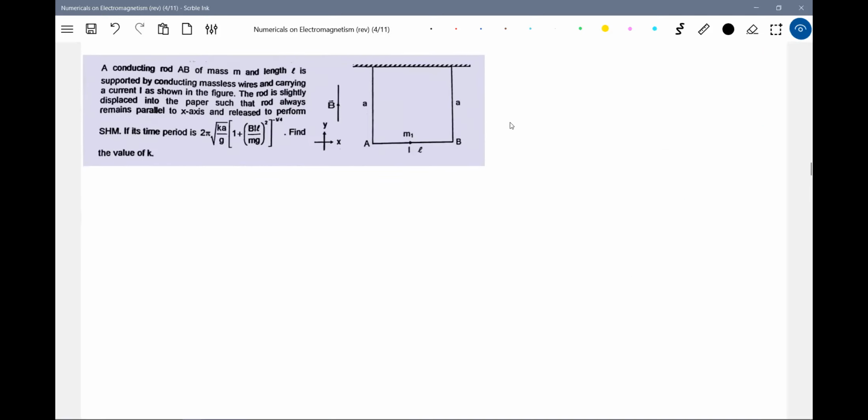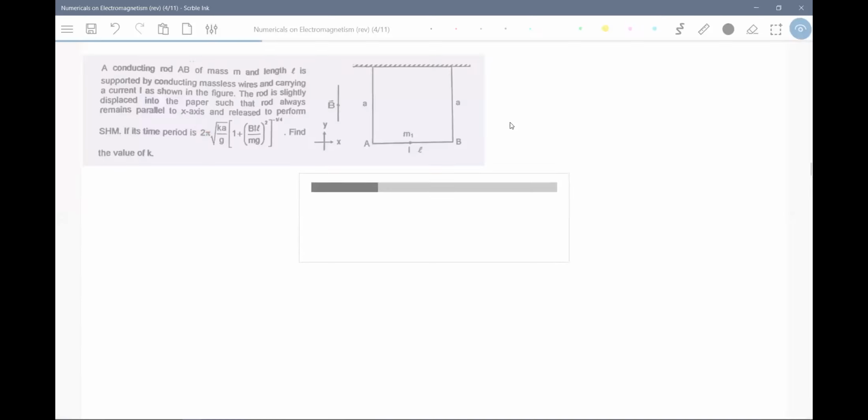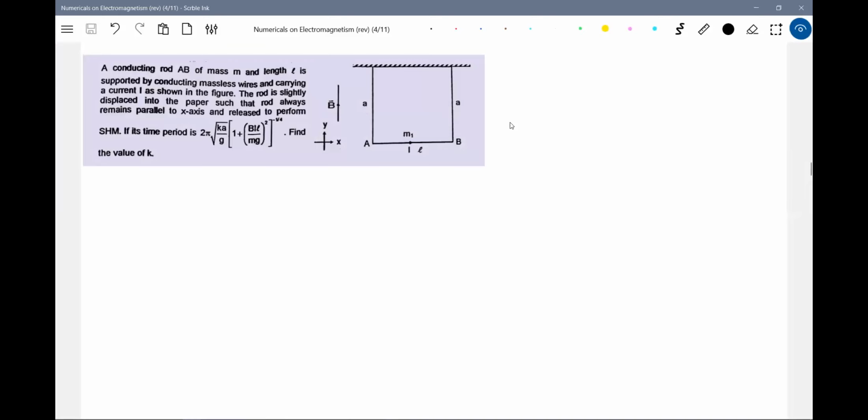Again. The way you analyze this problem is very simple, 2 or 3 minutes, or it'll take 1 hour. So where is the rod? The rod is here. Let's have a better diagram.